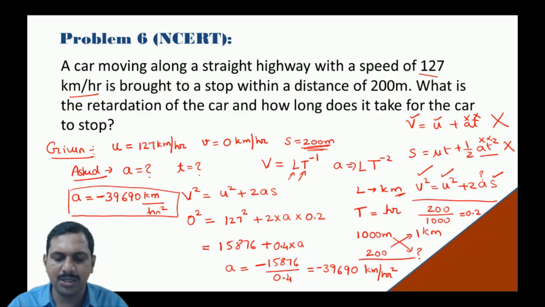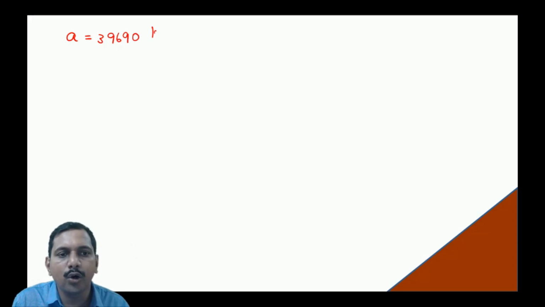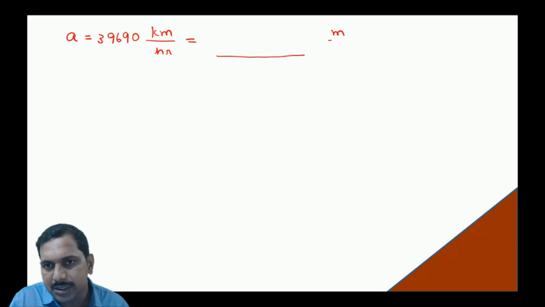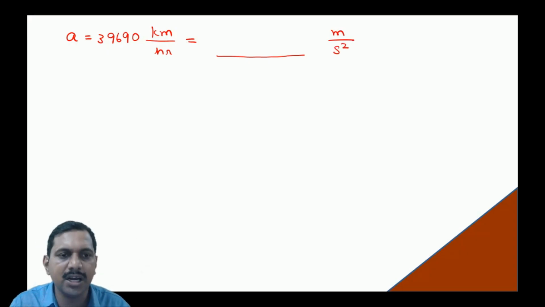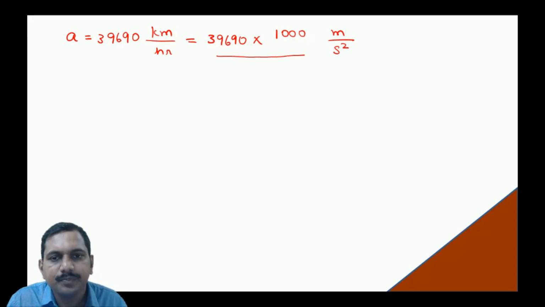Now, in case the question is in meters per second, then we should be able to convert the acceleration, 39,690 kilometer per hour square, into meters per second square. Let us understand how to do that. So here it is 39,690 into, instead of kilometers, we want meters, is it not? 1 kilometer is how much? 1000 meters, right?